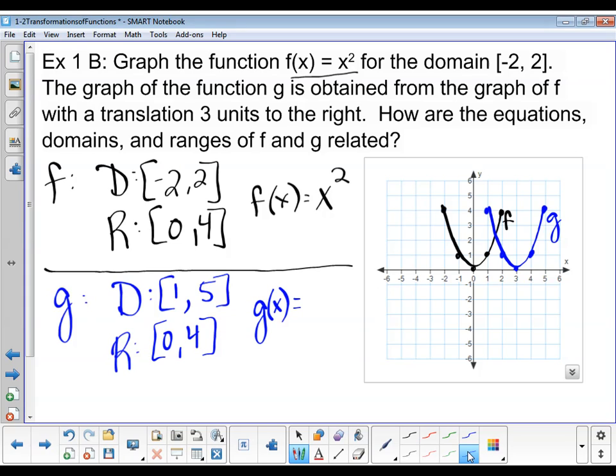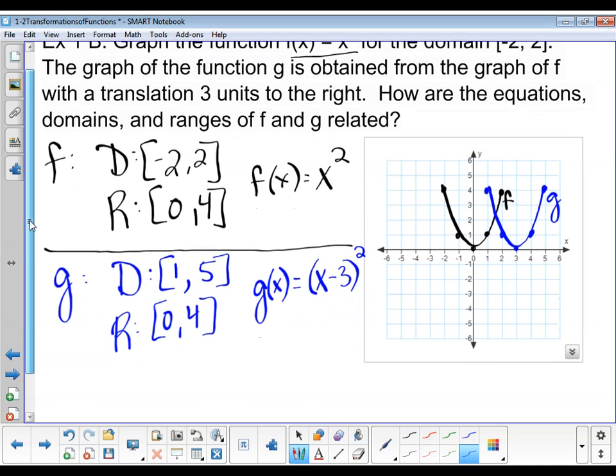Now with this equation, I'm not changing the y values, I'm changing the x values, which means I need to be acting on the x before I do anything instead of acting on the entire y value after I've already squared it. This is going to look a little bit different because we move to the right, but when we look at the equation, you're actually going to see a negative here.